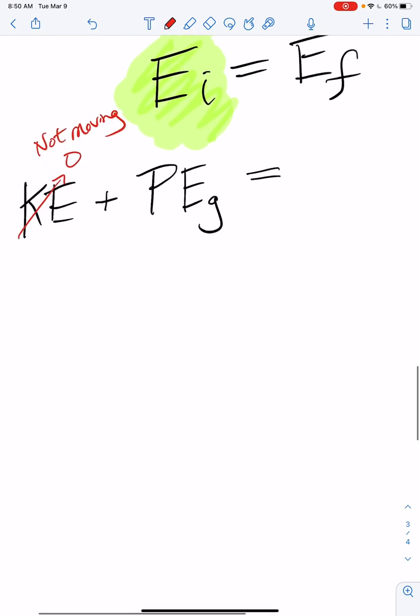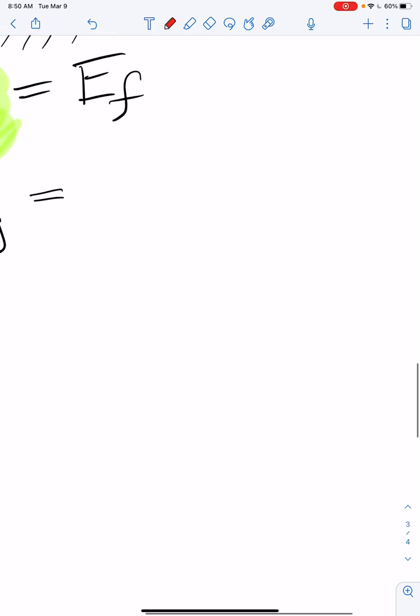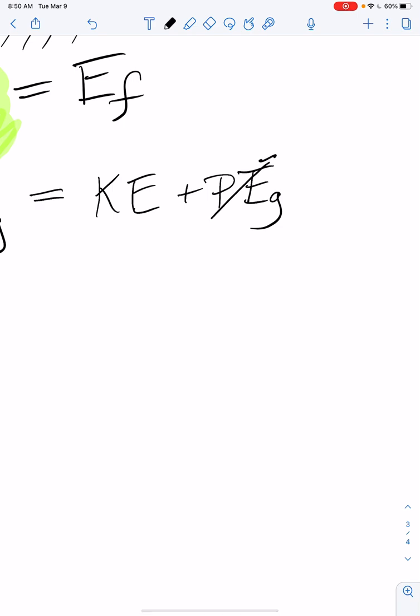Whereas on the final side, we see the opposite happening with our KE and our PE grav, meaning that now it is moving, but it doesn't have a height. So this is going to be 0 because there's no height.